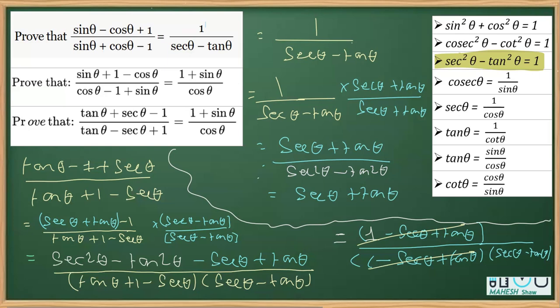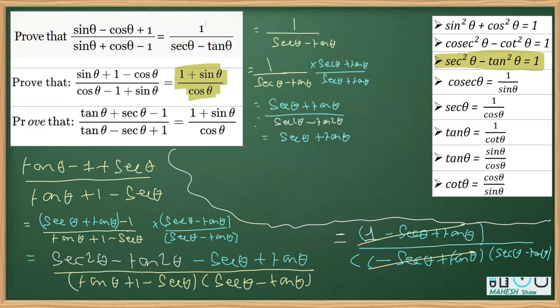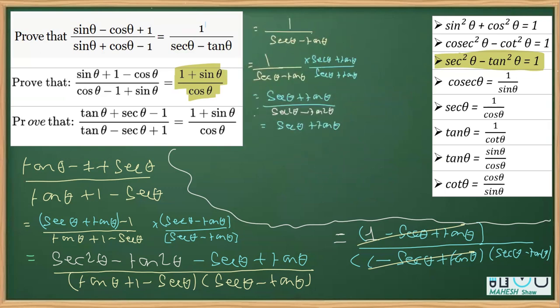Now, how to get this? For that, we just need to convert this in terms of sine and cos. As you know, tan and sec have a relation with sine as well as with cos. So one more step, we are going to convert this sec and tan in terms of sine and cos. This is what we have to get.